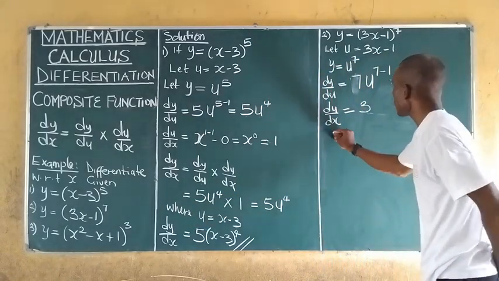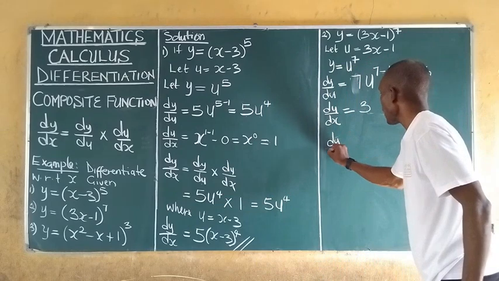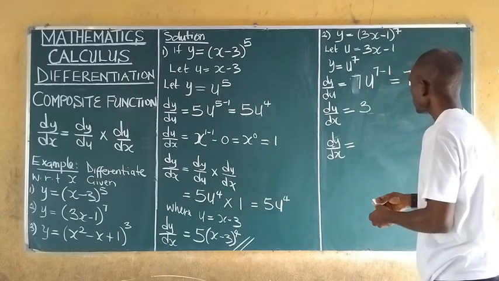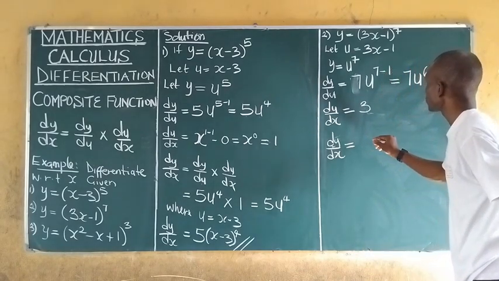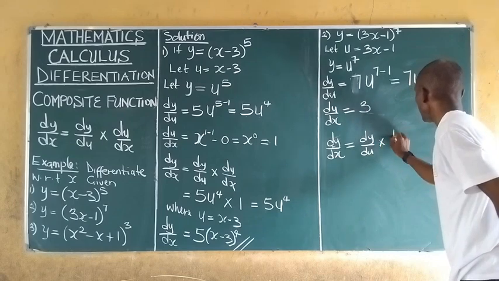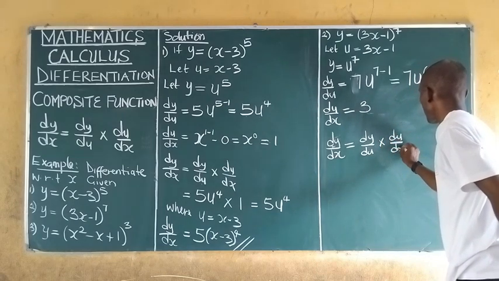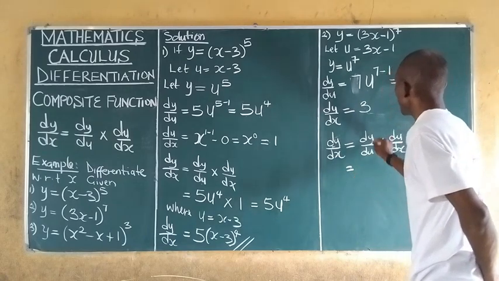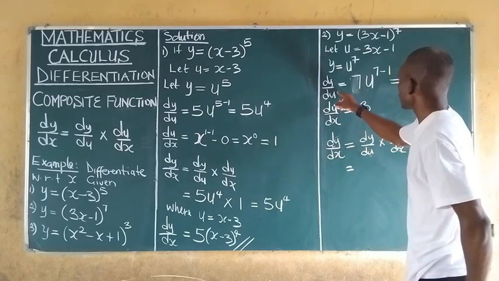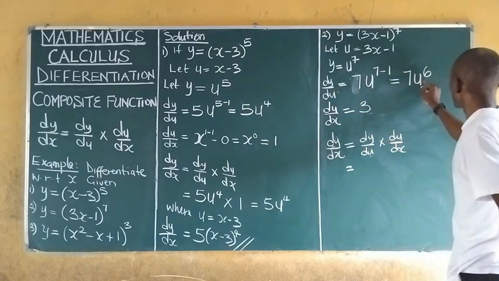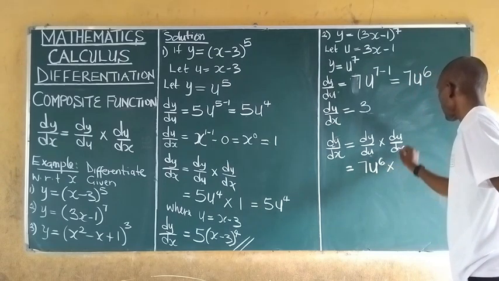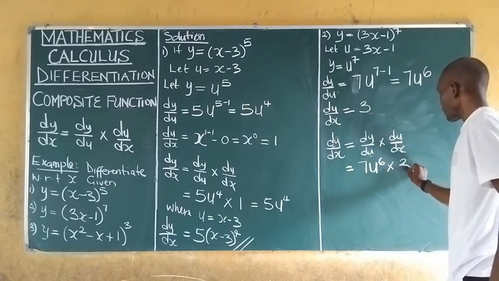composite function formula, which is dy/dx is equal to dy/du multiplied by du/dx. So dy/du, which is this function, is 7u raised to the power of 6, multiplied by du/dx, which is 3.